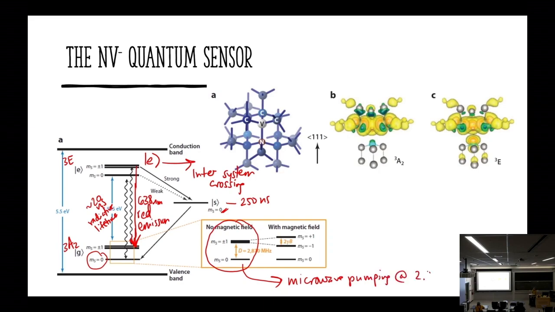So microwave pumping at 2.87 megahertz. No, gigahertz. I was like, that doesn't make any sense. Gigahertz takes you from the little m sub s equals 0 to little m sub s equals plus minus 1.